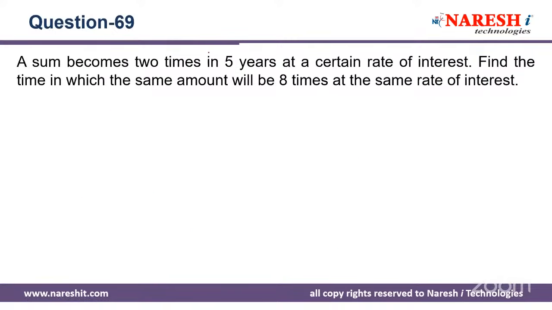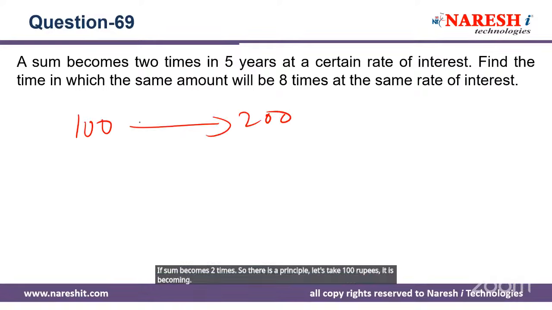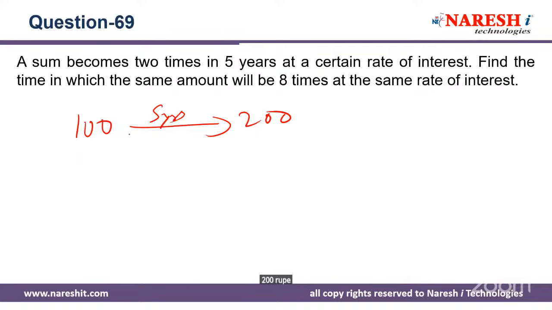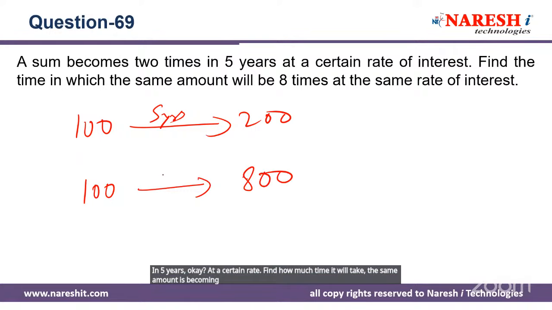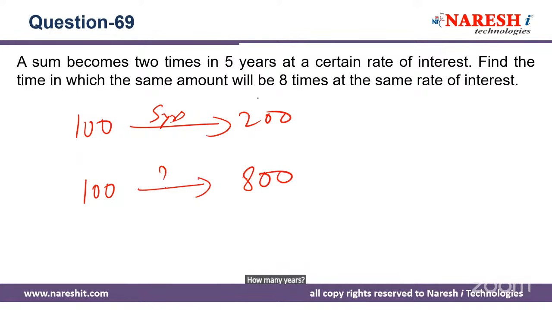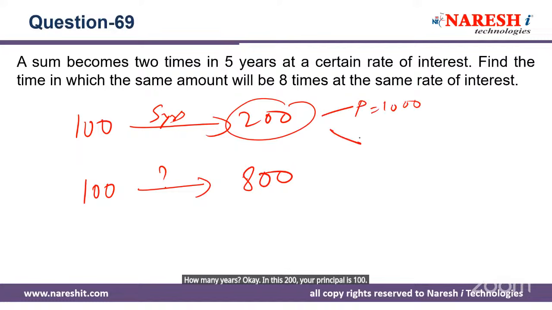If a sum becomes two times, let's take a principal of 100 rupees, it becomes 200 rupees in 5 years at a certain rate. Find how much time it will take for the same amount to become 8 times. In this 200, your principal is 100, interest is 100.